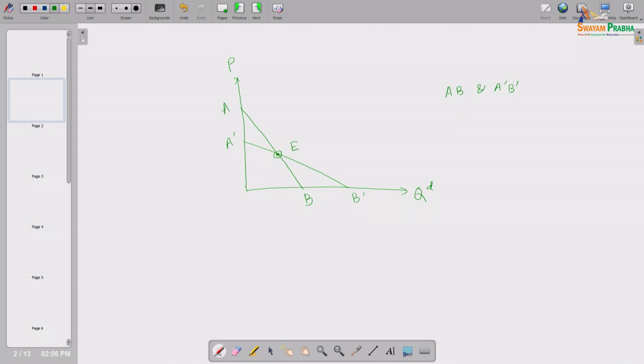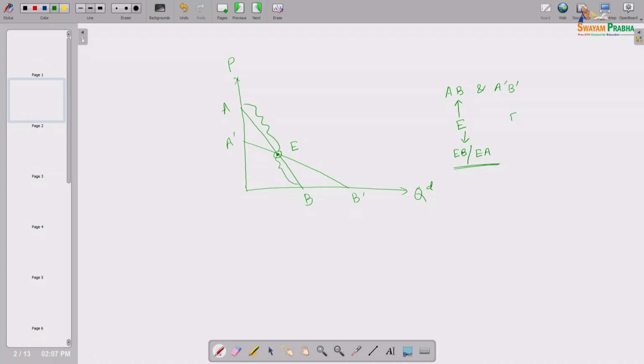When E is on the AB demand curve, the absolute value of the own price elasticity is EB by EA, because we have shown in the last lecture that it is the lower segment of the demand curve divided by the upper segment. AB is the demand curve, E is a point on it, so the lower segment is this and the upper segment is that.